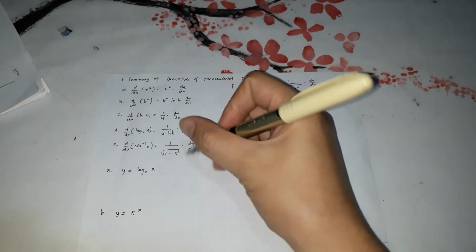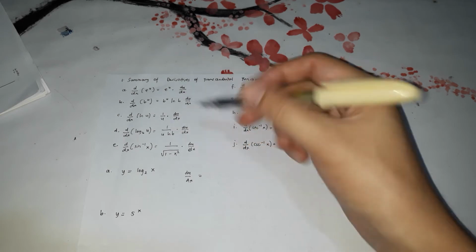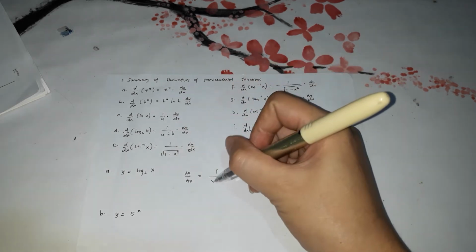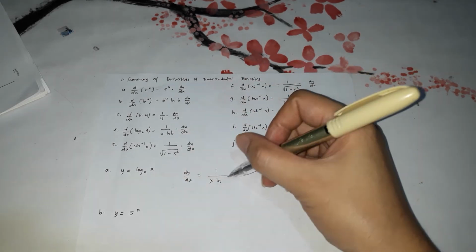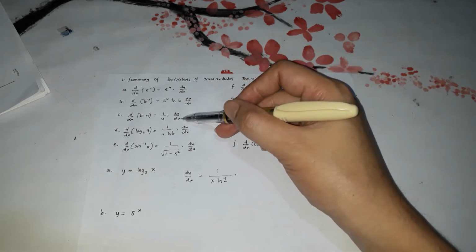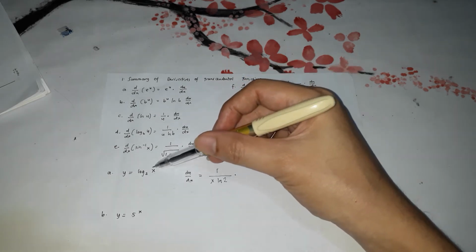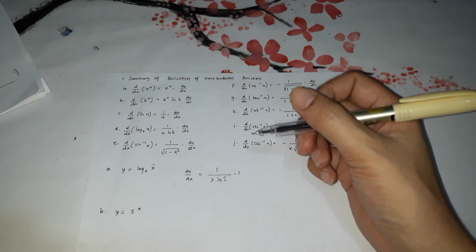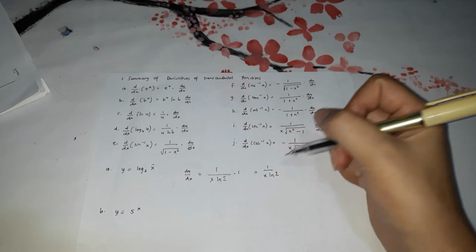So dy over dx is equal to 1 over u, which is x, ln of b, which is 2. Then we find du over dx, the derivative of u. The derivative of x is 1. So the answer here is 1 over x ln of 2.